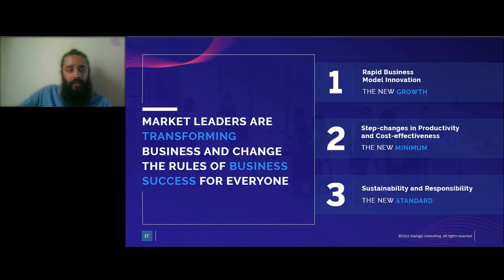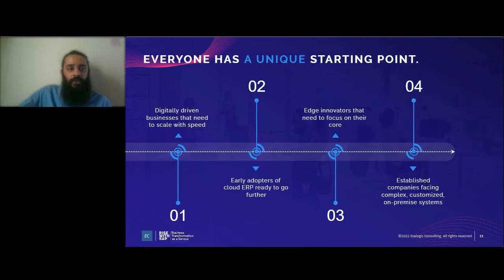This brings us to the question, where exactly is your company right now? So we understand that every company has a unique starting point. You may be a digitally grown startup or another innovator which has already embraced standardized processes and cloud architecture, but you're looking for solutions that can scale and grow and push those innovations forward at an increasingly fast pace.